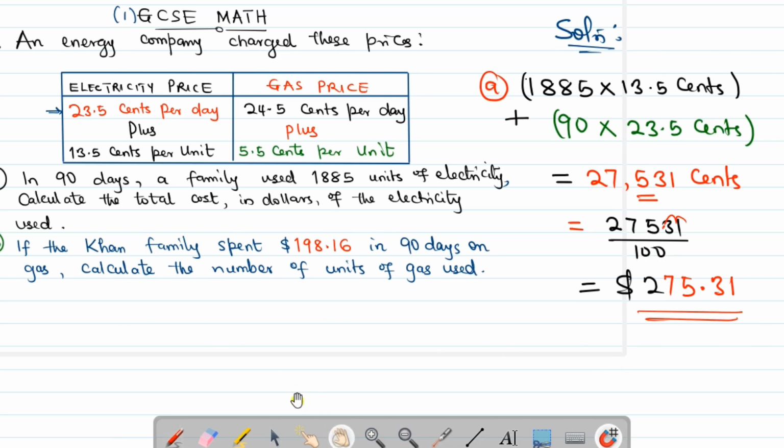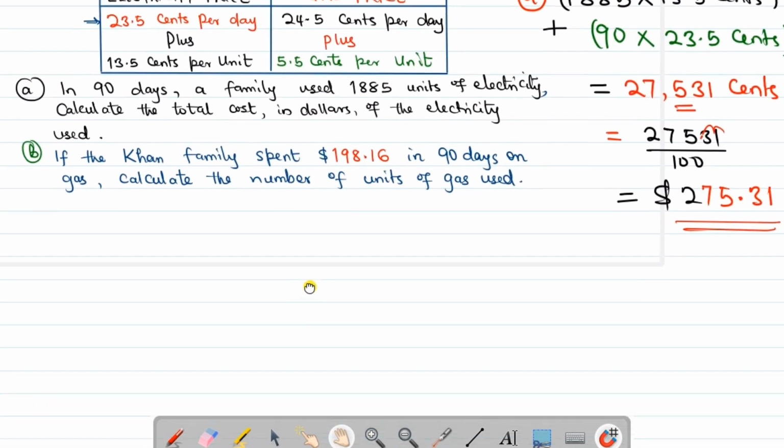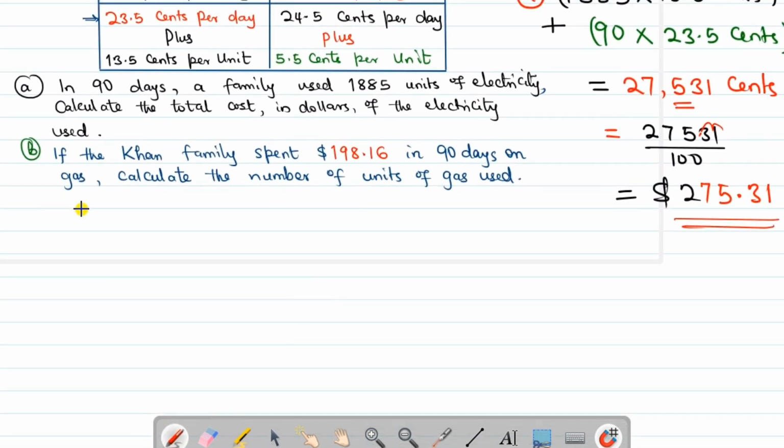And what about the second part? There we are given that the Khan family spent that amount in dollars for 90 days on gas. How do we go about it? That's also very simple. First of all, you subtract the amount that they paid on a flat rate for 90 days.